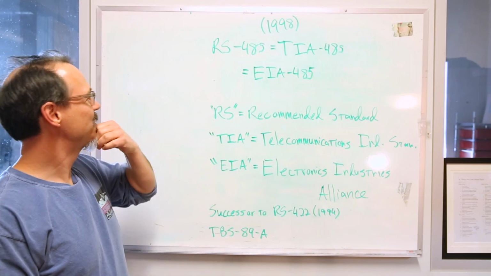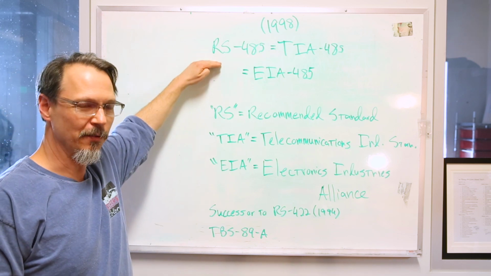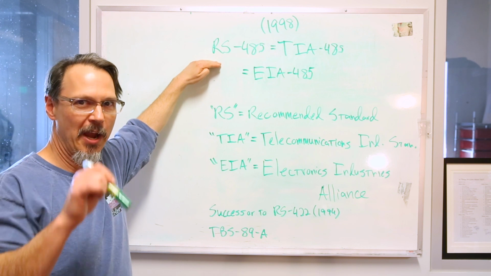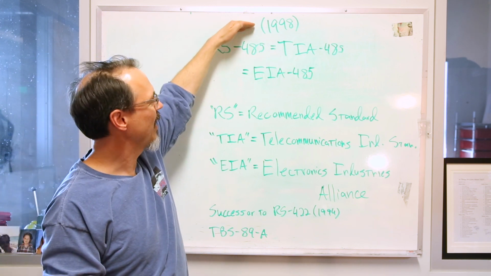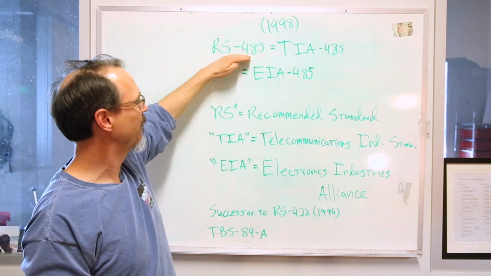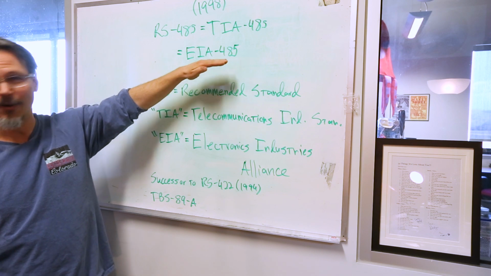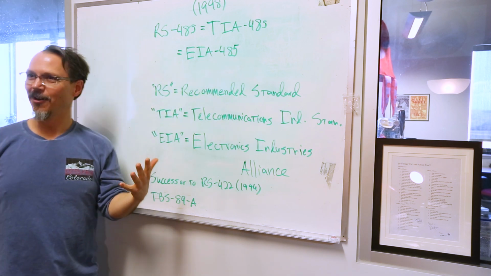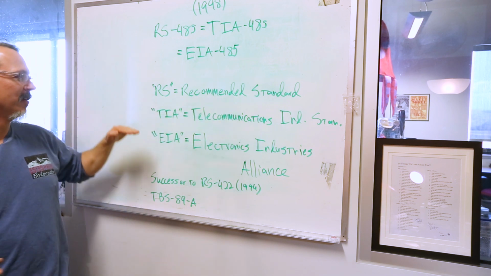So to start with, RS-485, which is officially TIA 485, was officially adopted in 1998. Now, RS-485 equals TIA 485 equals EIA 485. And just so we're all on the same page, RS stands for Recommended Standard.